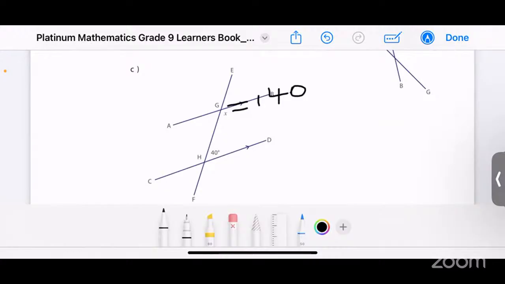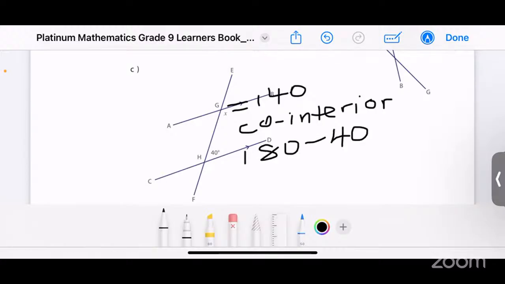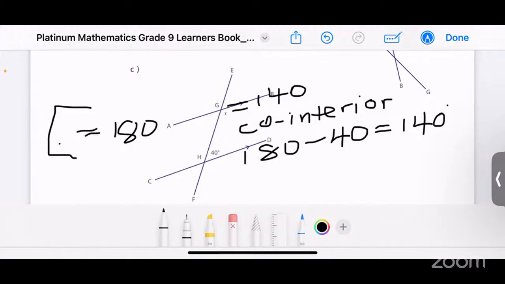These are co-interior, ne? So we're saying 180 minus 40. Remember, co-interiors add up to 180 degrees. This angle and this angle, they must give us 180, ne? So that's where the 180 comes from.